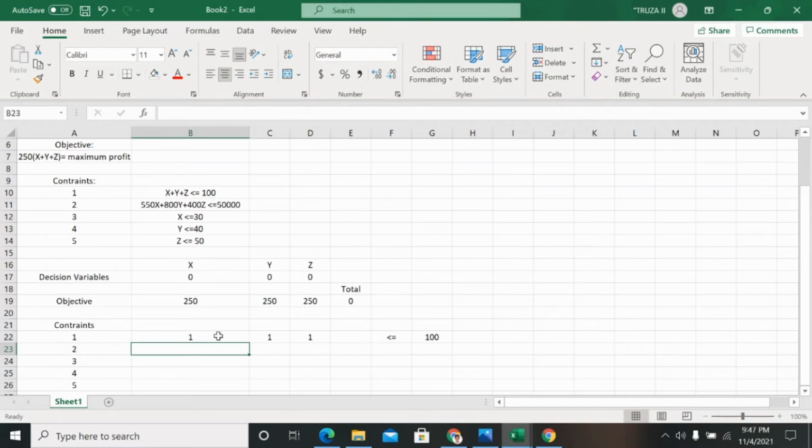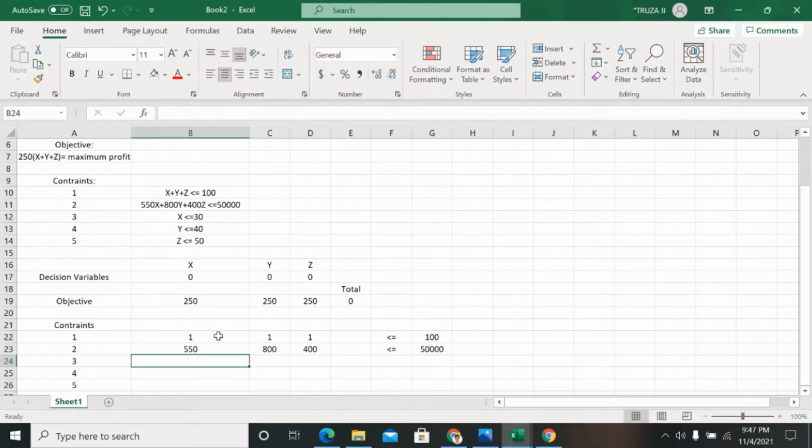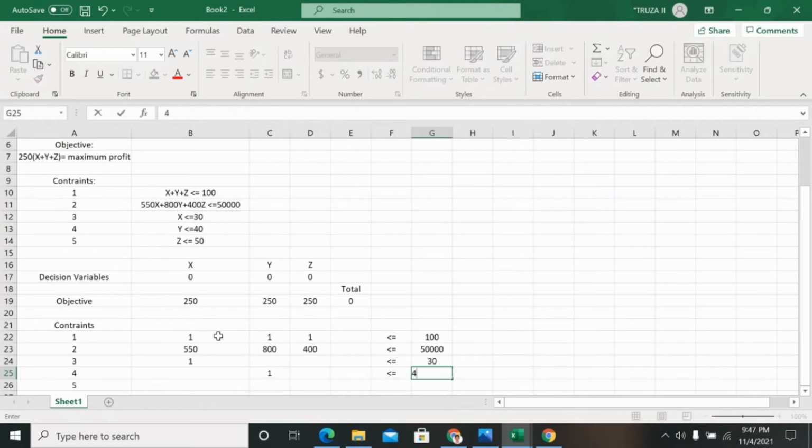The second constraint has coefficients 550 for x, 800 for y, and 400 for z, less than or equal to 50,000. The third constraint is x, which is 1, with no y and z, less than or equal to 30. The fourth is just y, 1, less than or equal to 40. The fifth is only z, 1, less than or equal to 50.